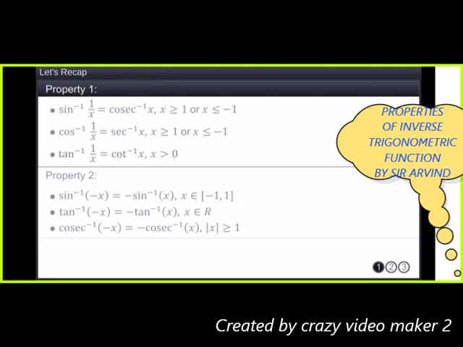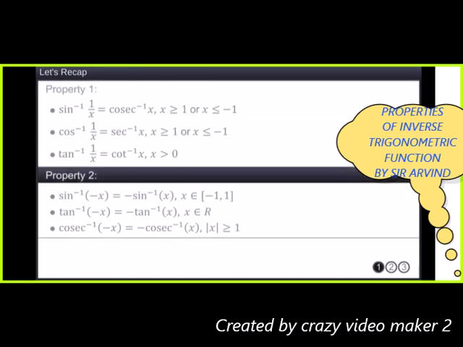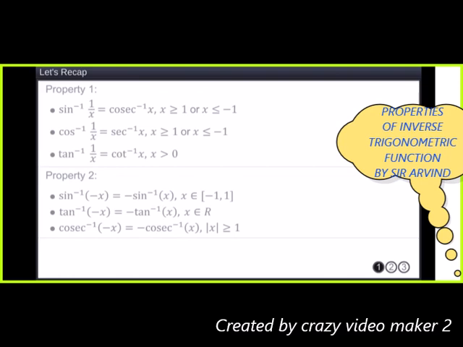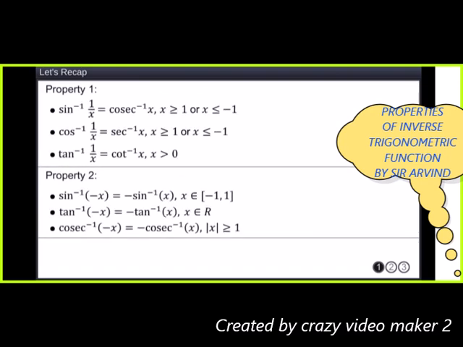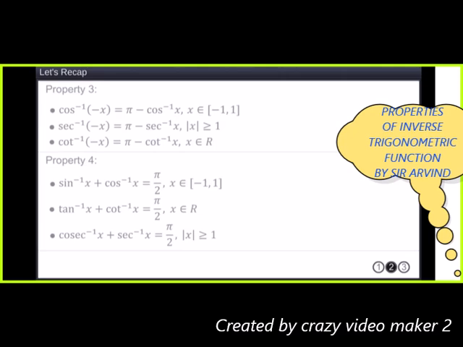Now let us think about property 2. Sin inverse of minus x is equal to minus sin inverse x, where x belongs to minus 1 to 1. Tan inverse of minus x is equal to minus tan inverse x, and cosec inverse of minus x is equal to minus cosec inverse x. Now property number 3, our recap is related to property 3.